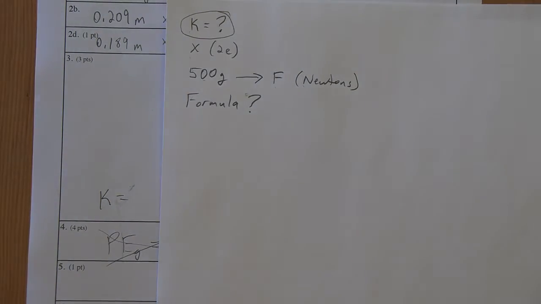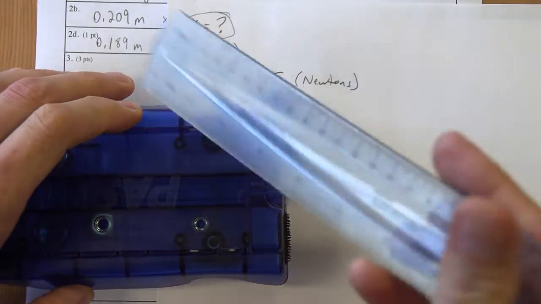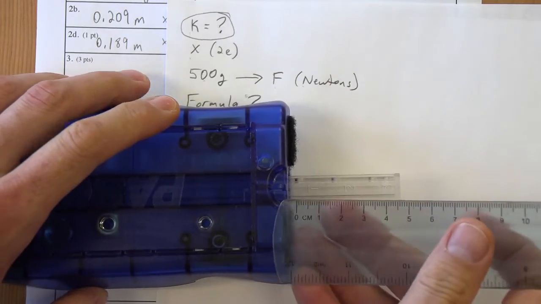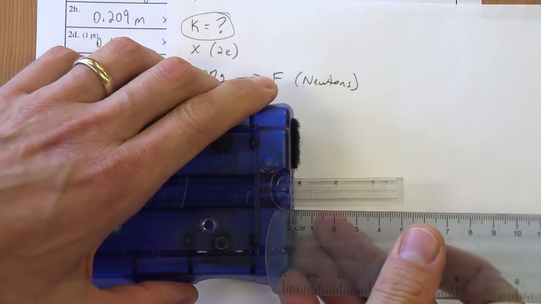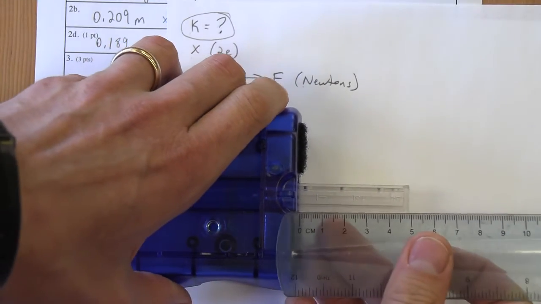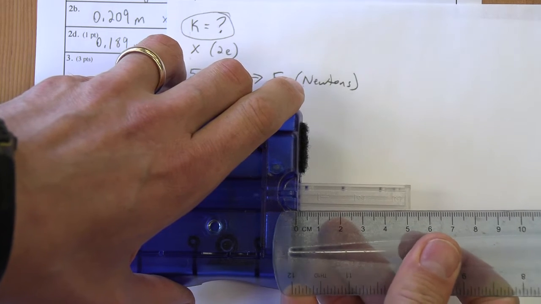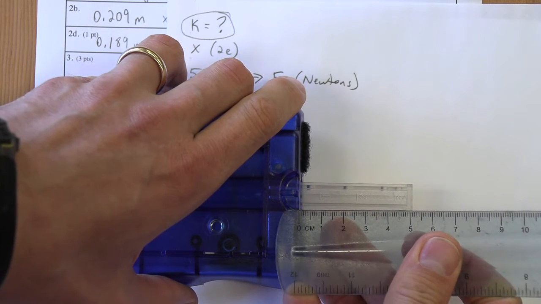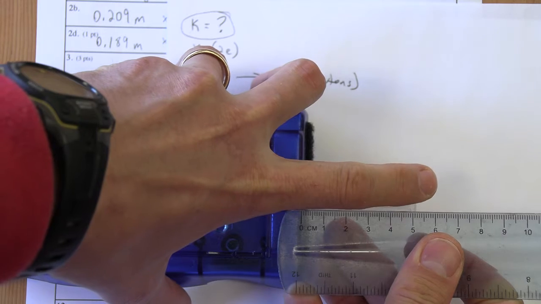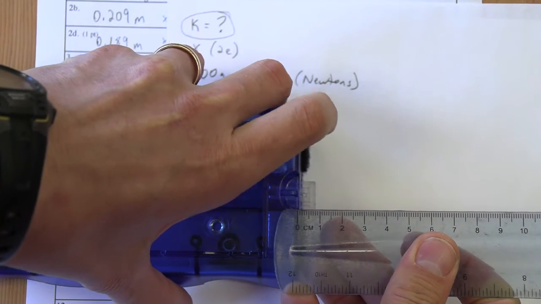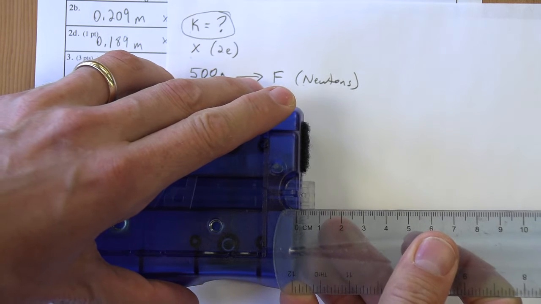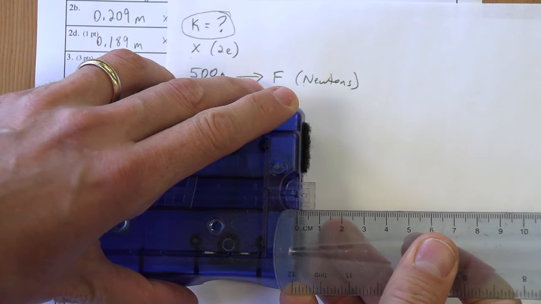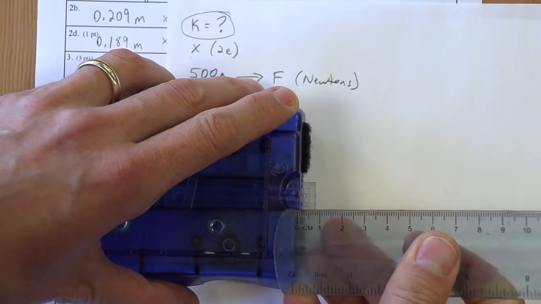Okay, so here we are. The way we're going to do this is the same way, but what we're going to do now is figure out how far the plunger extends outward. What I'm measuring is about 5.1 centimeters. And then when I push it all the way in, I'm measuring approximately 0.7 centimeters.